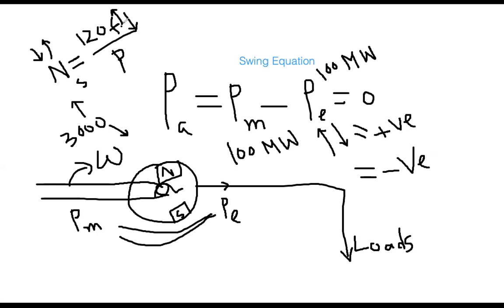But what is your expected frequency? Your expected frequency is 60 Hertz. Based on that, I calculated that if pole number is 2, then it will be 3600 RPM, or for a 50 Hertz system, it will be 3000 RPM. That is your expectation. But you are not able to maintain 60 Hertz because continuously this rotor is vibrating and changing, going a little bit upward or downward. And why is that happening? Because of the load side, because of the customers.